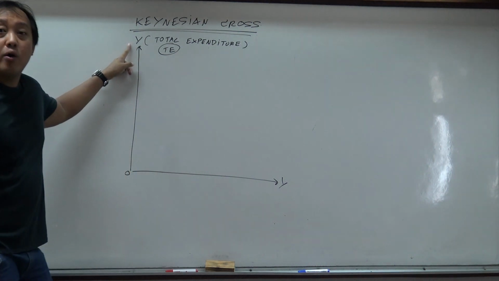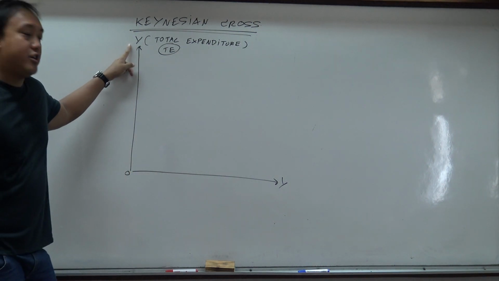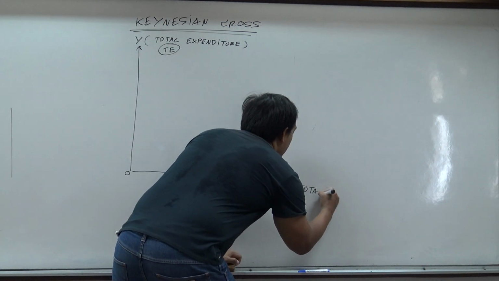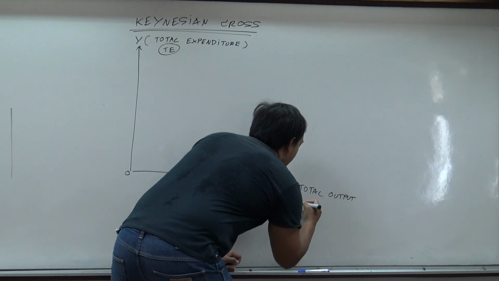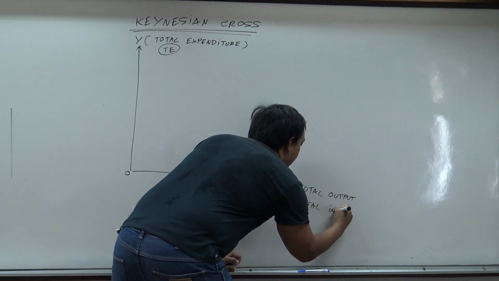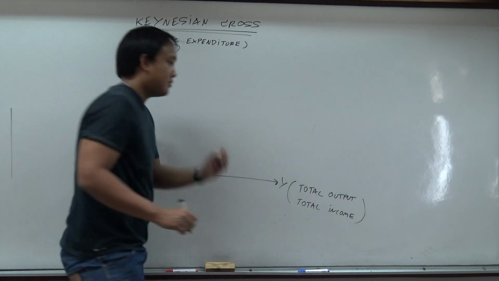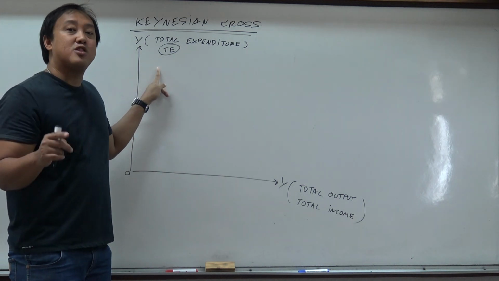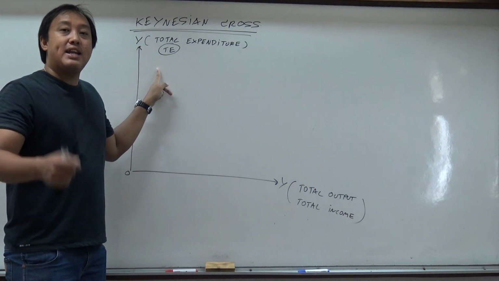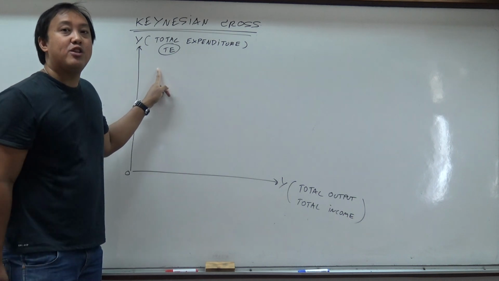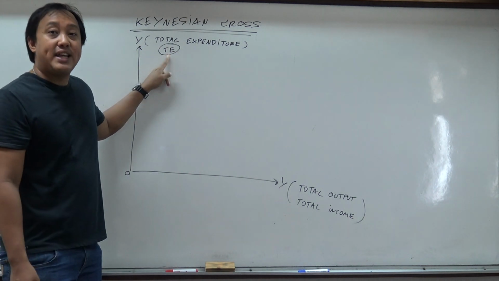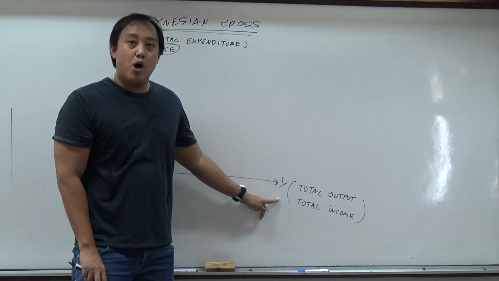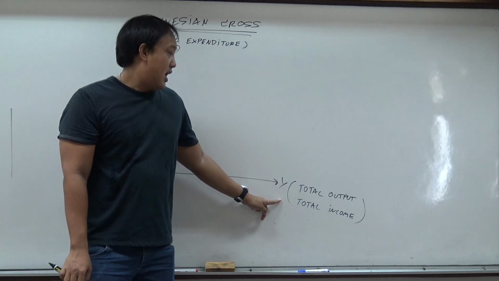The vertical axis stands for total expenditure, the total money that the whole economy is going to spend to purchase something. The horizontal axis is Y for the other meanings: Y for total output and Y for total income.